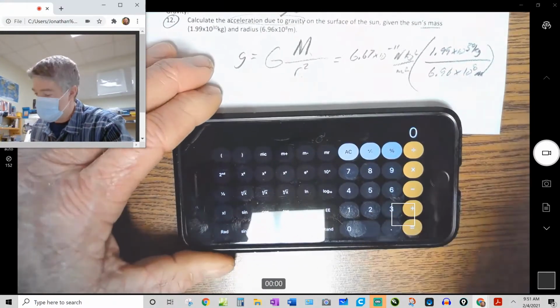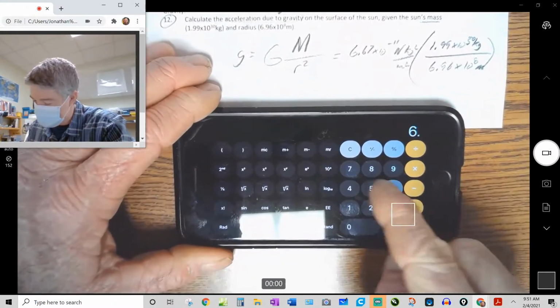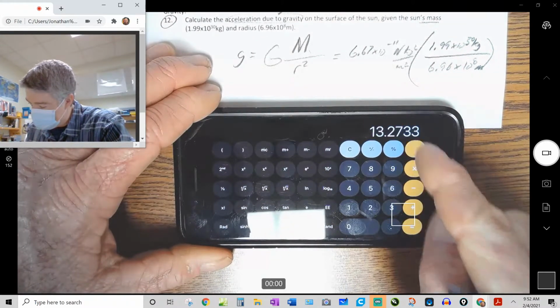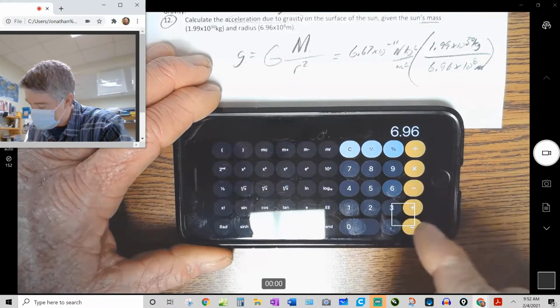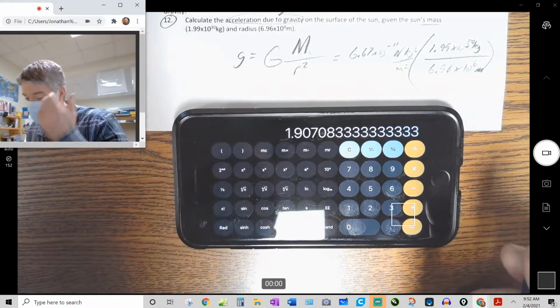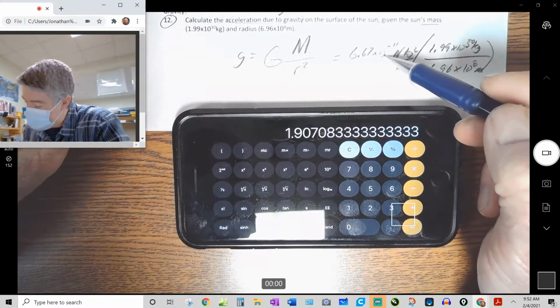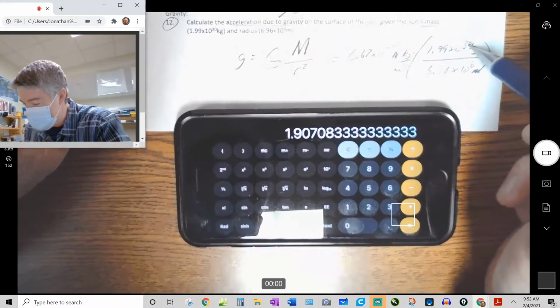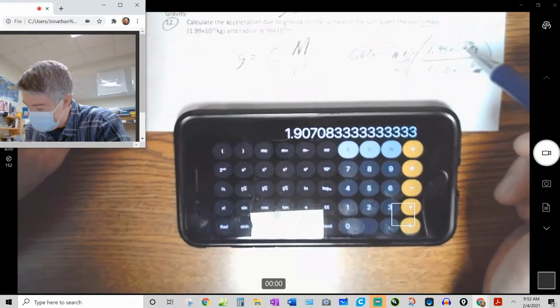Right, so here's the way I do it. 6.67 times 1.99 divided by 6.96. And I get that. That's going to be easy. So now I can just do the 10 to the whatever. So 10 to the negative 11th times 10 to the 30th. I just add these. 30 minus 11 is 19.